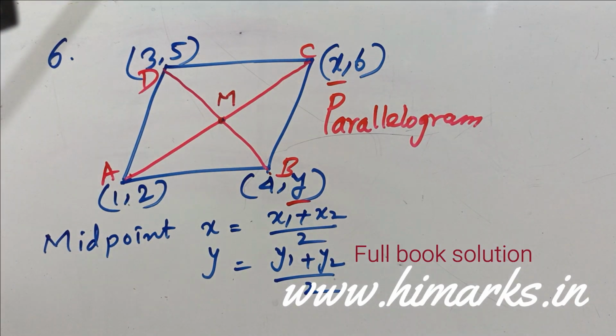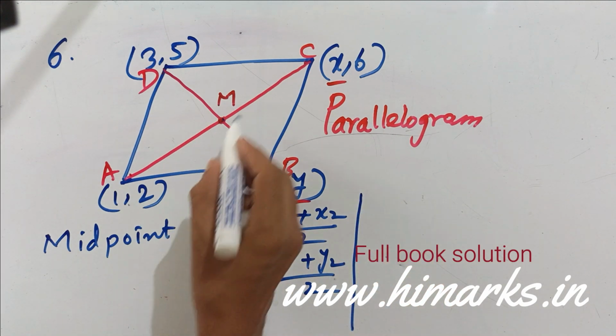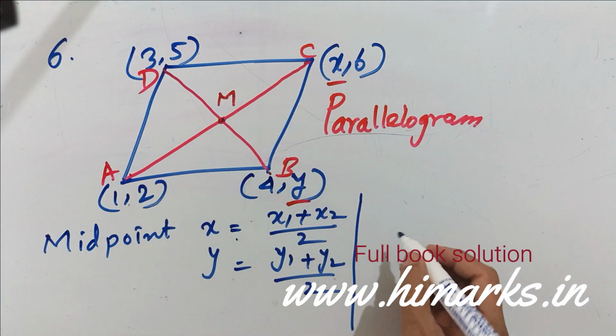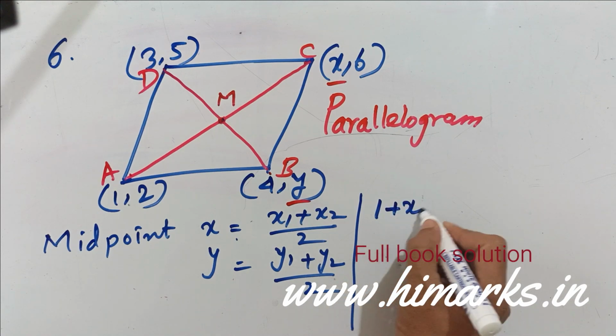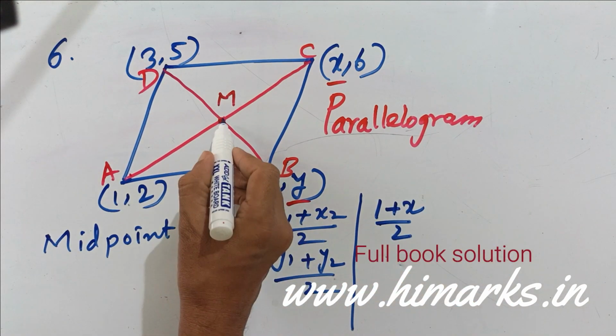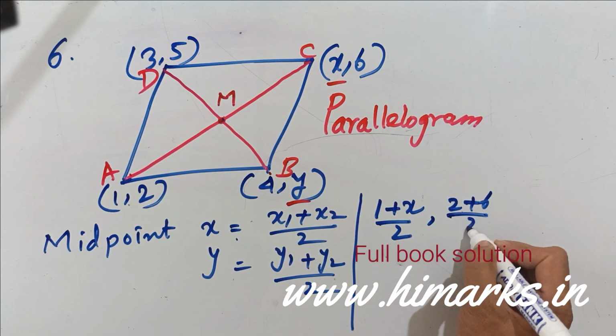If we apply this formula for these two points, the midpoint will be (1 plus x) by 2 and (2 plus 6) by 2.